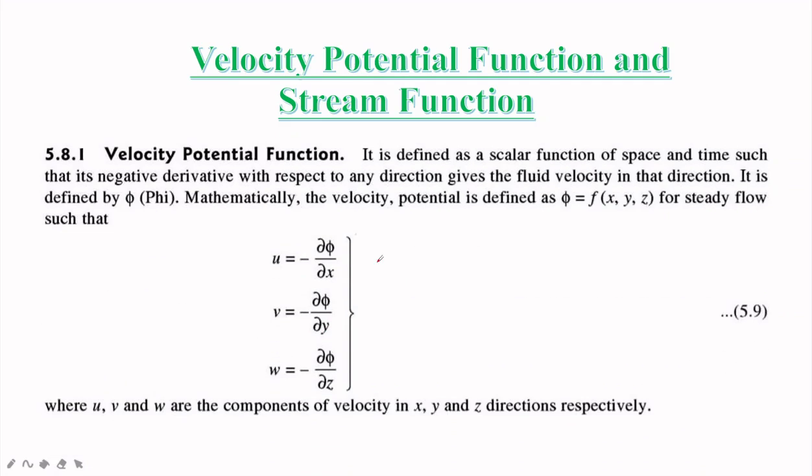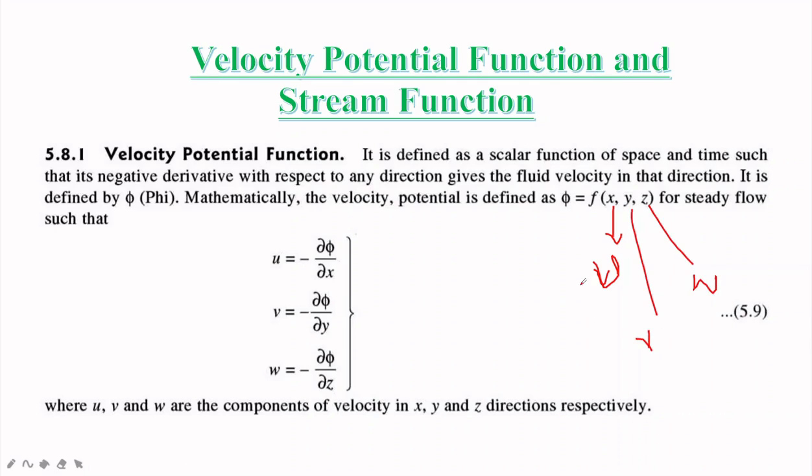So what we know is u is the fluid velocity in the x direction, v is the fluid velocity in the y direction, and w is the fluid velocity in the z direction.